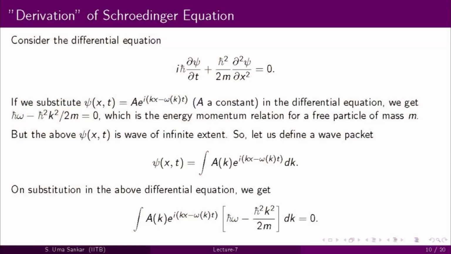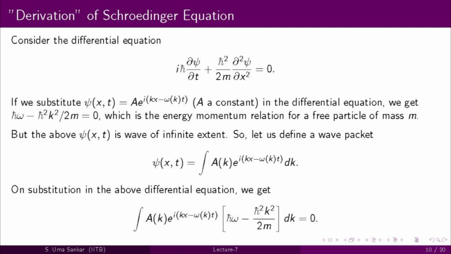And you can see that these two partial derivatives satisfy the relation i h cross partial derivative of psi with respect to time plus h cross square by 2m times the second partial derivative of psi with respect to x is equal to 0.